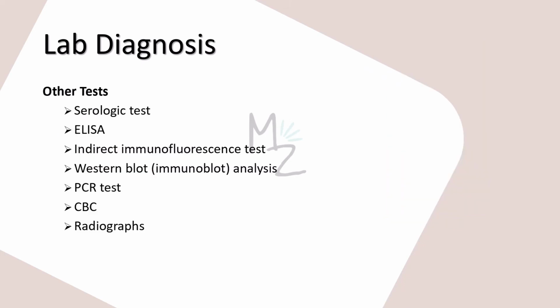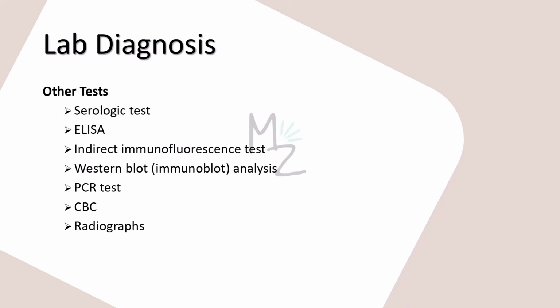There are certain other tests performed to detect the presence of Borrelia burgdorferi in the human body. We can go for serology by detecting either IgM antibody or a rising titer of IgG antibody with an enzyme-linked immunosorbent assay, ELISA, or indirect immunofluorescence test.